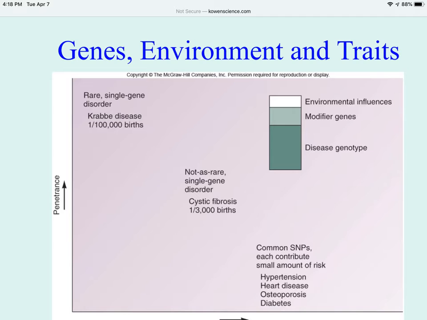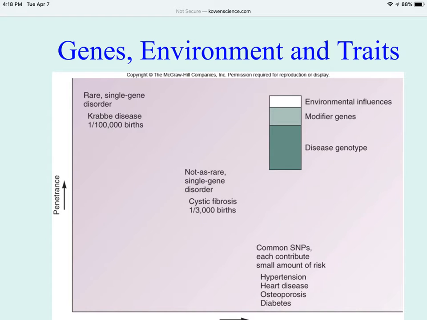An example of a single gene disorder is cystic fibrosis. Now, we can have diseases that occur because of the genotype of the disease. They can be because of environmental influences. They can be because of modifier genes. So they can be polygenic.